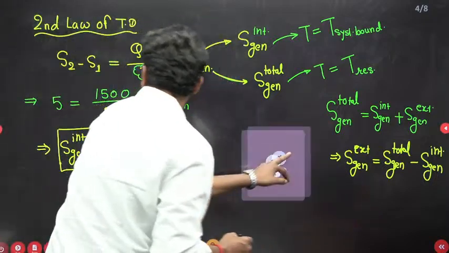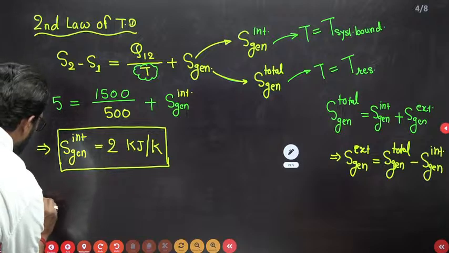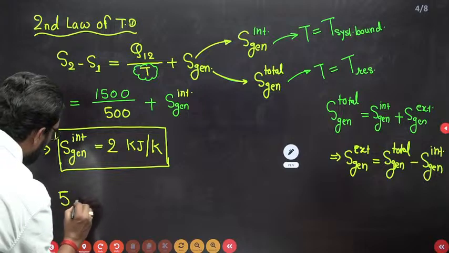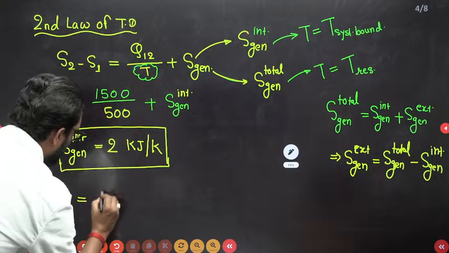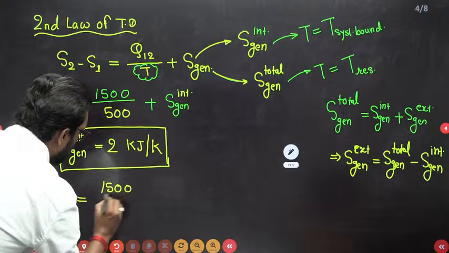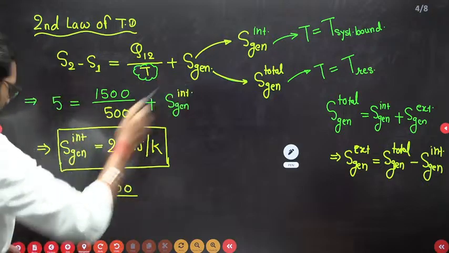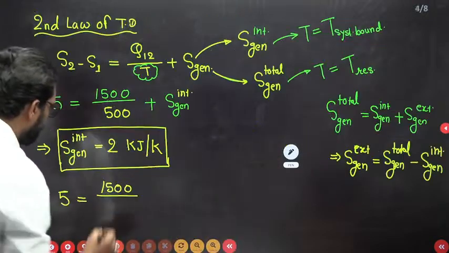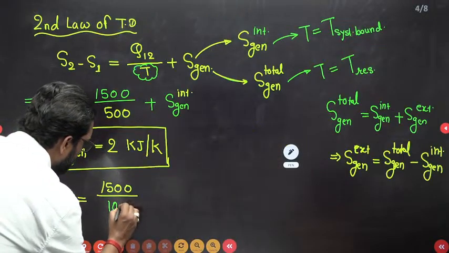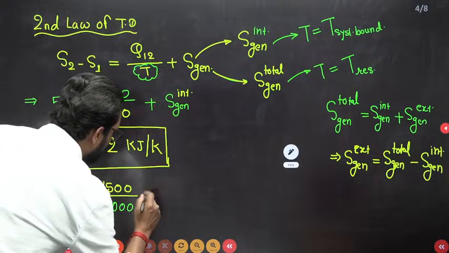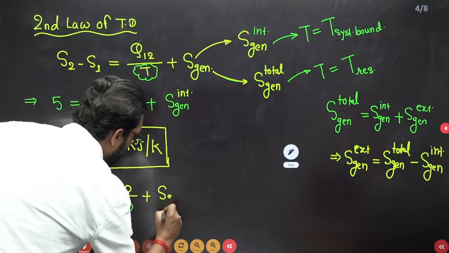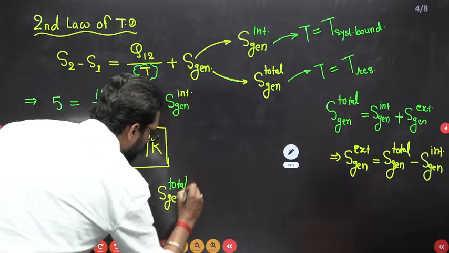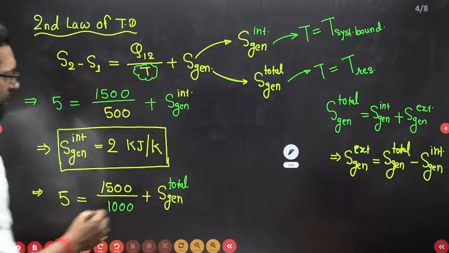How to find total? Again, S2 minus S1 is 5. Heat transfer is 1500 divided by, in this case, what is the temperature of the reservoir? 1000. So 5 equals 1500 by 1000 plus S generation, and that is your total. So what is the S generation total?